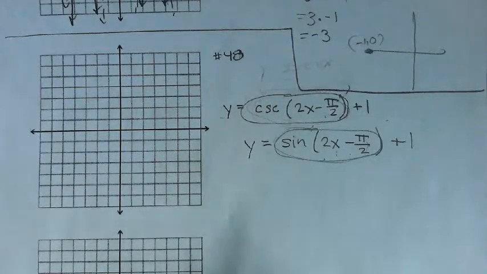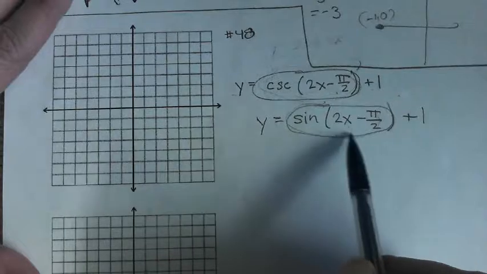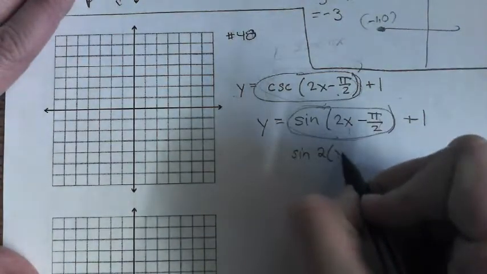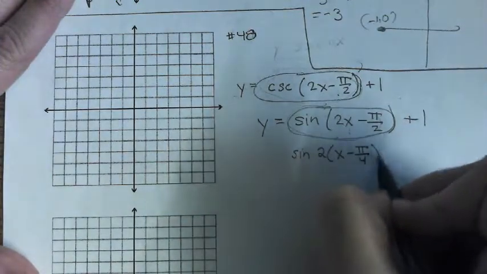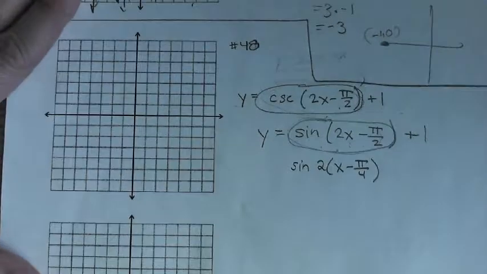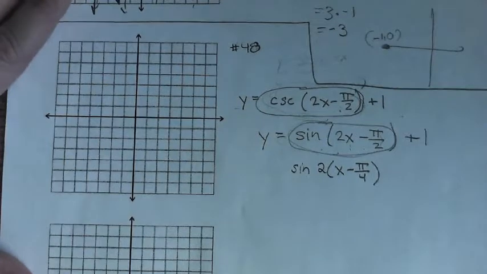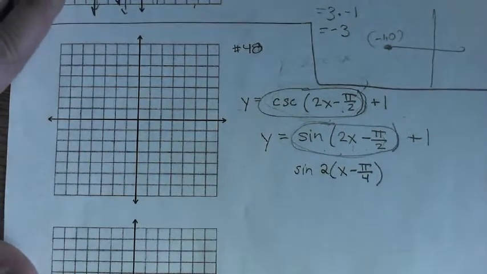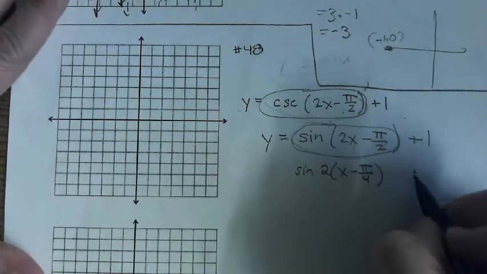Okay? So sine of 2x minus pi over 2, I've got to factor out my 2. That's going to be my guide. So everything gets shifted pi over 4. What's my period?